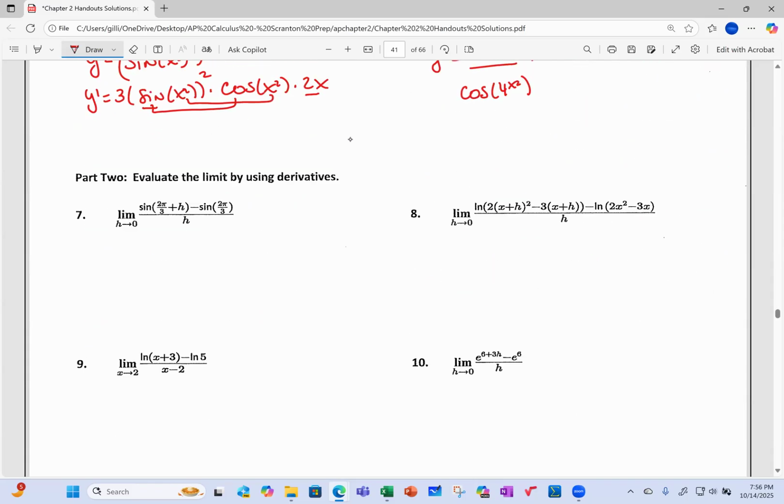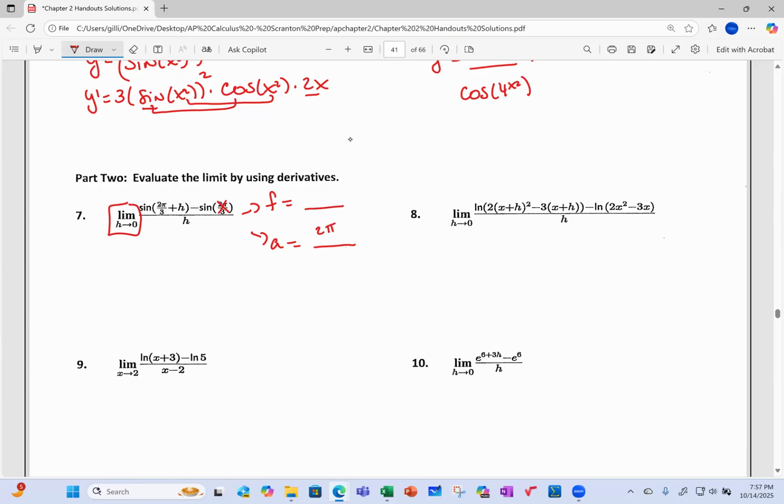It's okay like that. And now we're going to evaluate these limits by using derivatives because they are the definition of derivative. This first one is the limit as h going to 0. And in any definition of derivative, I need a function and an a value. My function, I'm going to try replacing, you can just, either one, it doesn't matter. I can replace this stuff with x.